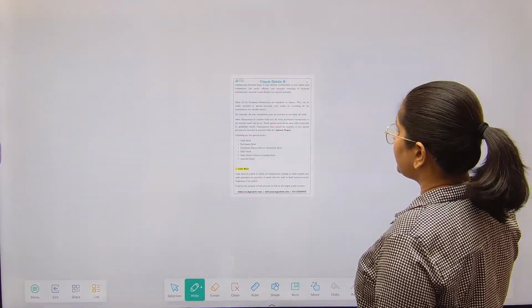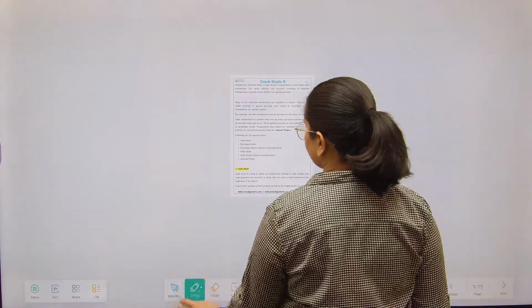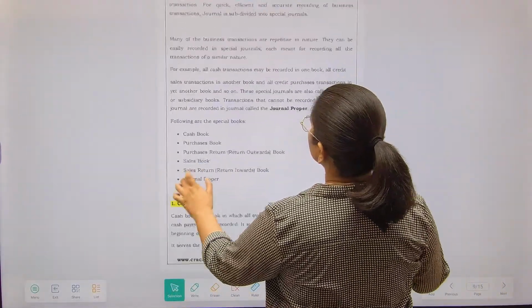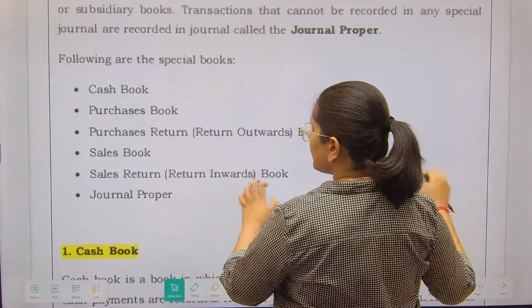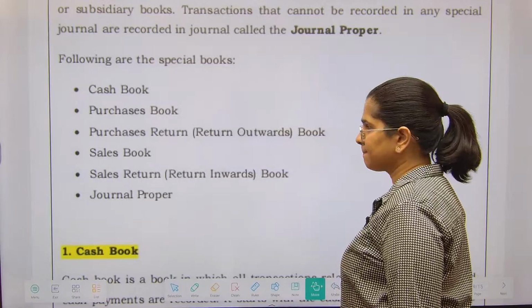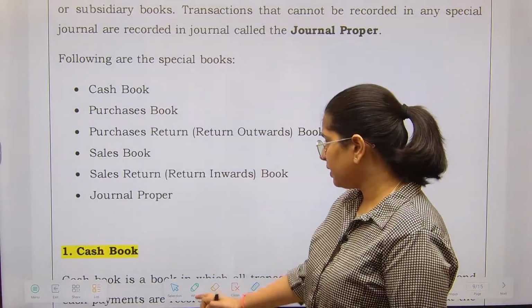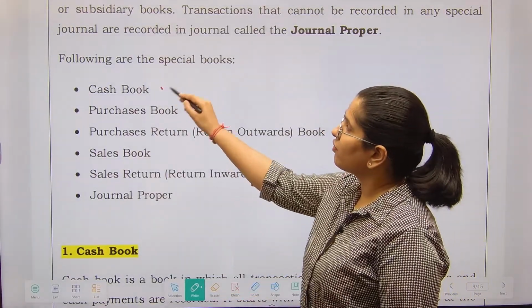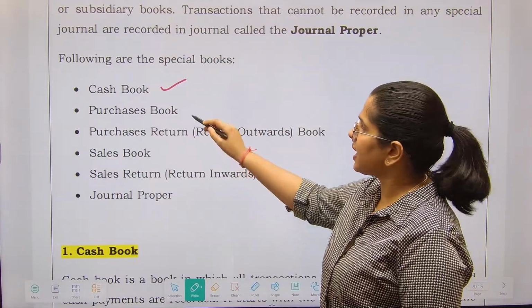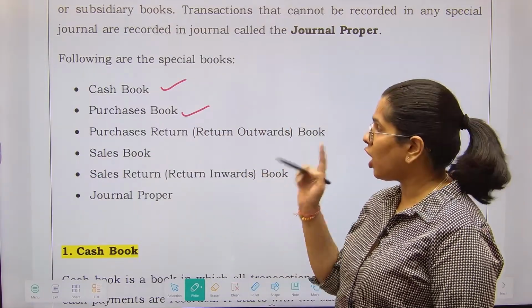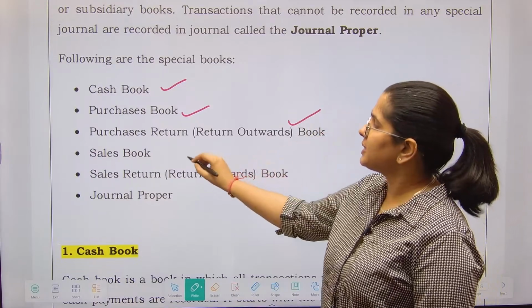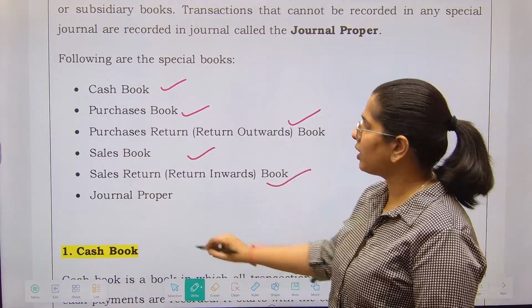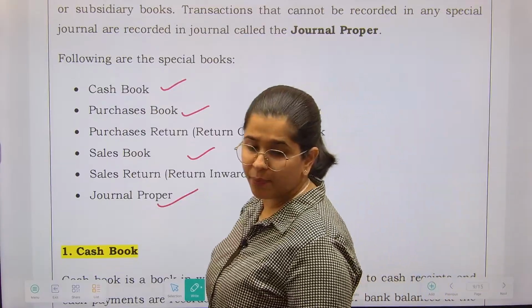Now the next thing we have is special books for recording the transactions. So what are the special books? We have the cash book for recording all cash-related transactions, the purchases book for all purchases-related transactions, the purchase return book, the sales return book, and finally we have the journal proper.